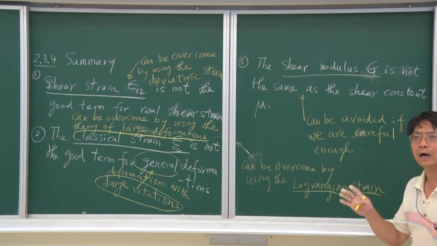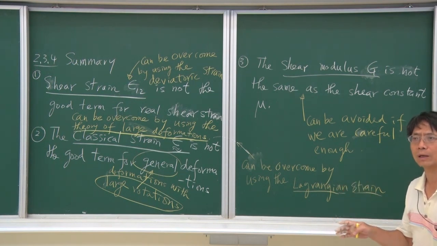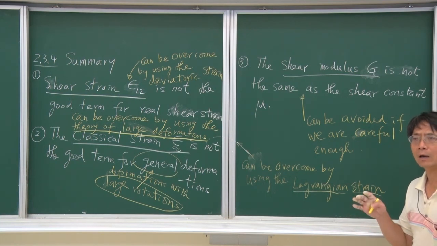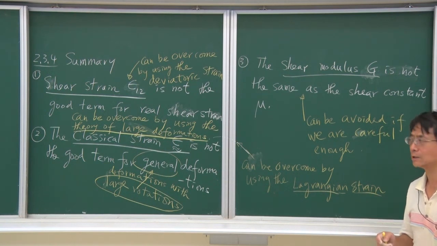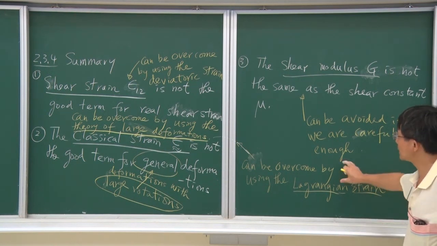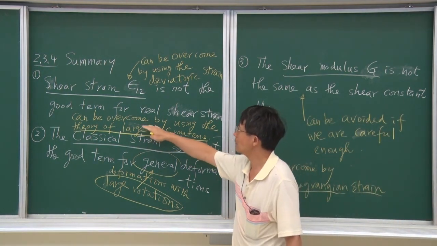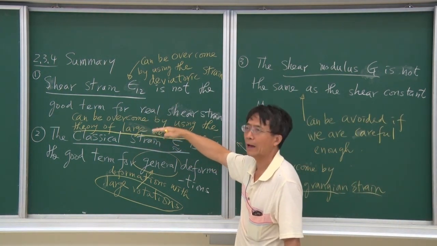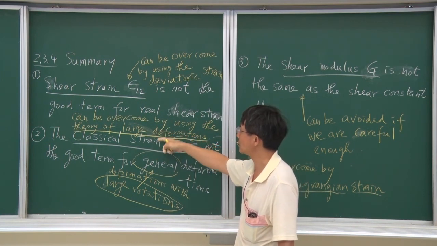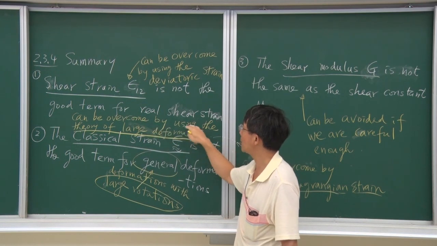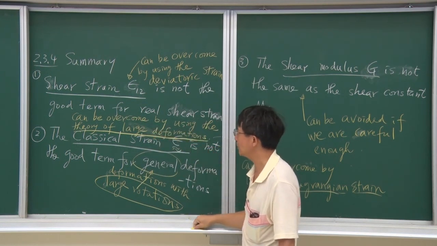Lagrangian strain has its own problem. Later in this class we will talk about this viewpoint. So I don't want to use such a sentence. Instead, I just use a more general description about this point. So this difficulty can be overcome by using the theory of large deformation.